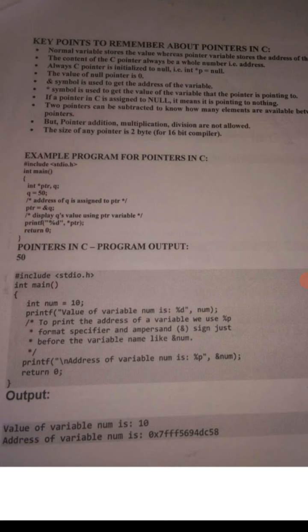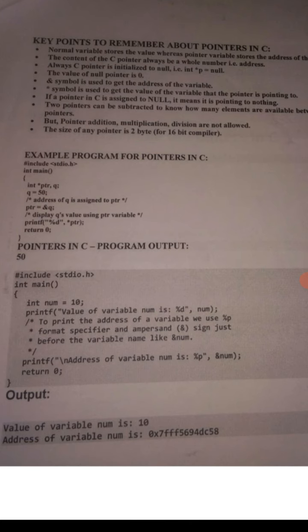See, the value of variable num is 10. Then the address of variable num is 0x7FFF5694DC58. This is the address of variable num. *p is denoted by a pointer.